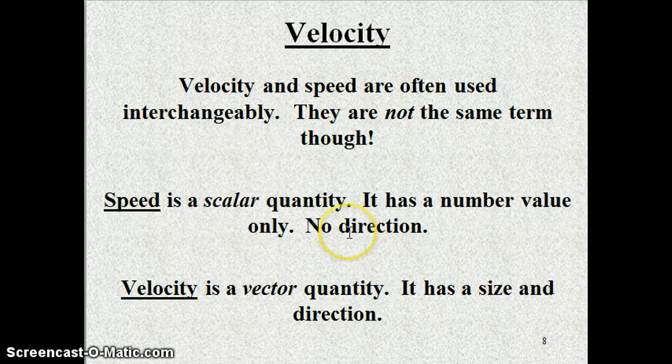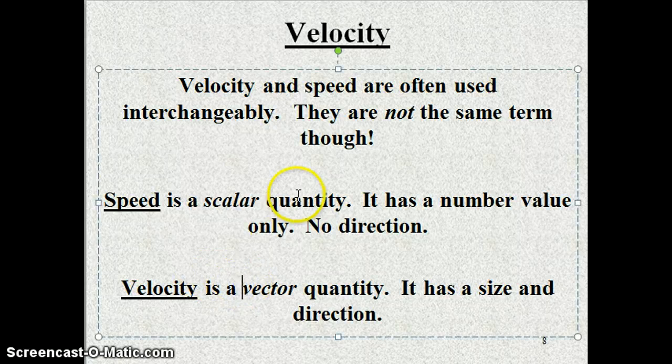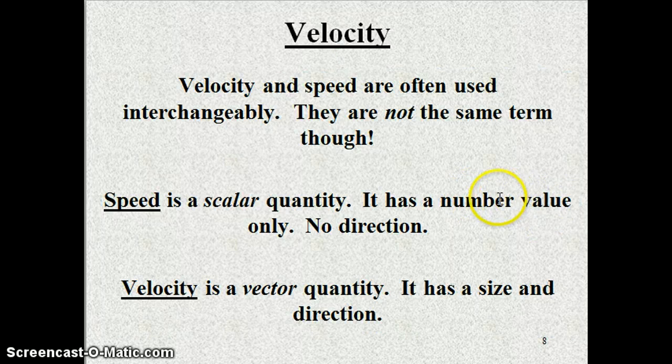So if you said something's going 60 miles per hour and there was no direction associated with it, you just described a speed. Yet if you said 60 miles per hour to the northeast, that would be a velocity, or a vector quantity. Other things that are scalars, for instance, mass, the amount of kilograms in an object. There's no direction with that, so that would be a scalar.